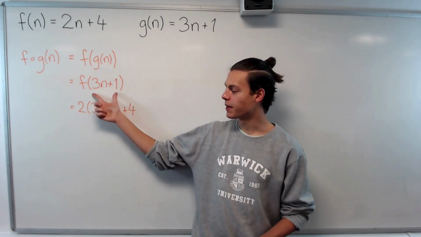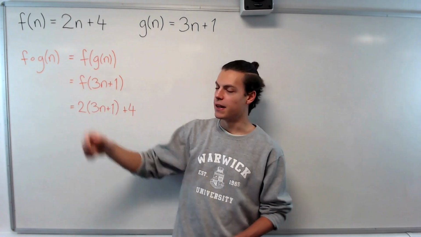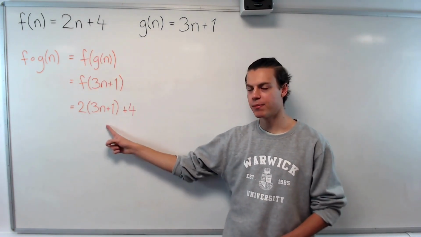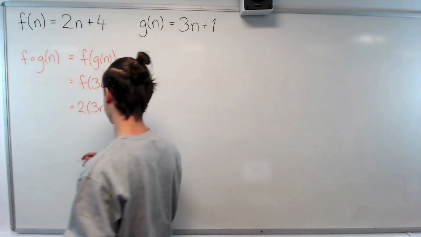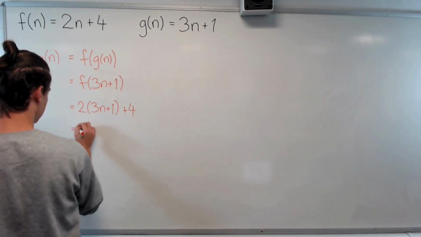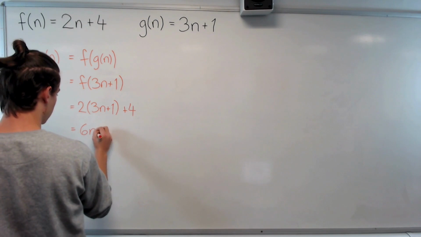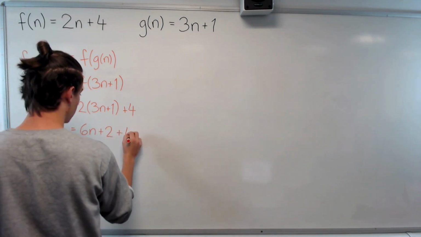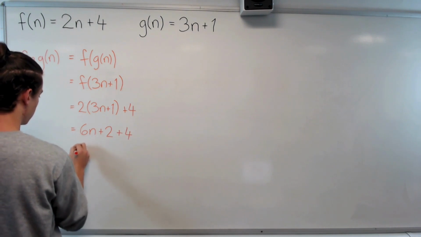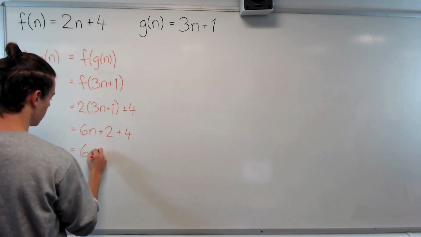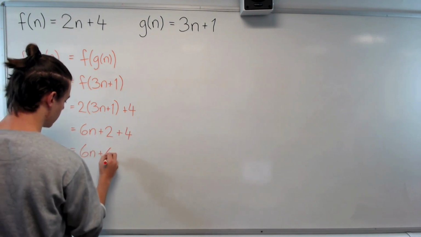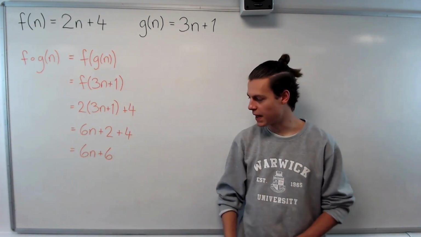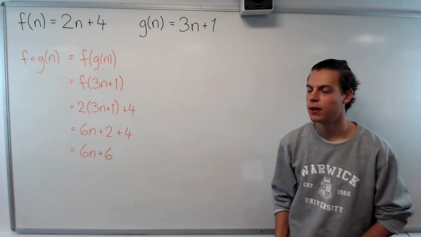We're simply substituting this value for n in the definition of f, right? And now we can simplify this. And so we find f composed with g of n is 6n plus 6.